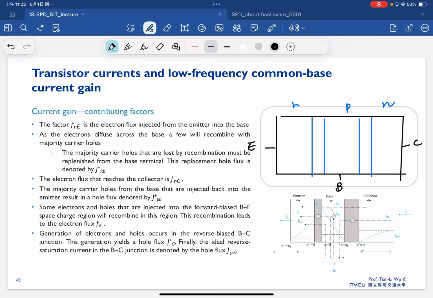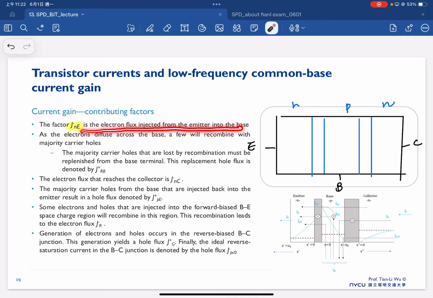So the first one, JNE, is an electron flux injected from the emitter to the base.